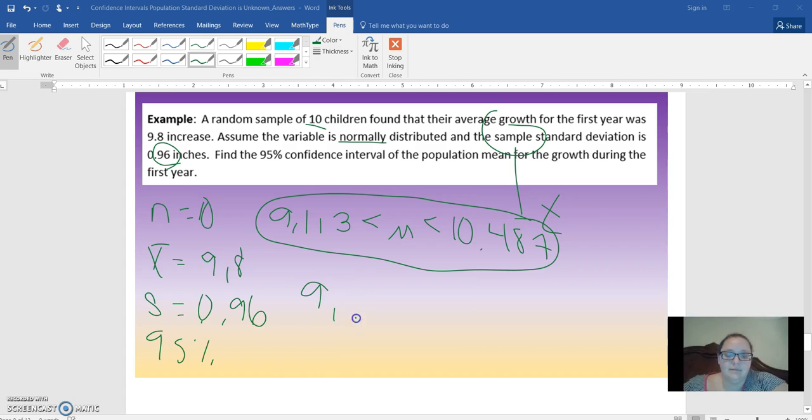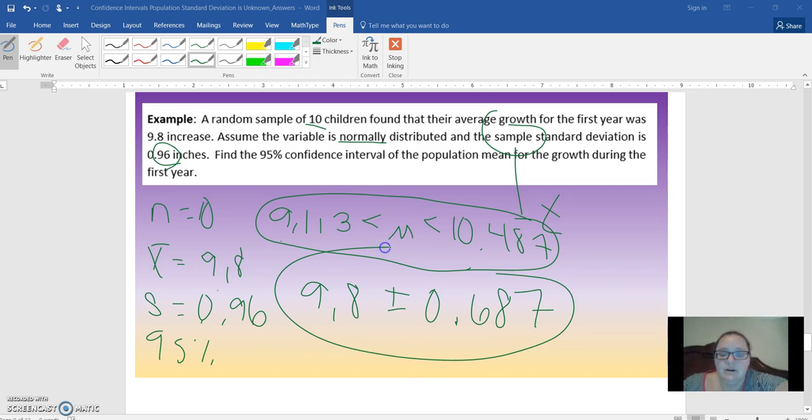Now, if I want it as a margin of error, I'm going to take that 9.8 and then subtract each of it. So let me do that real quick. Oops, 9.8 minus 9.113, 9.8 minus 10.487, and I get 0.687. All right, so that's my margin of error, this 0.687.